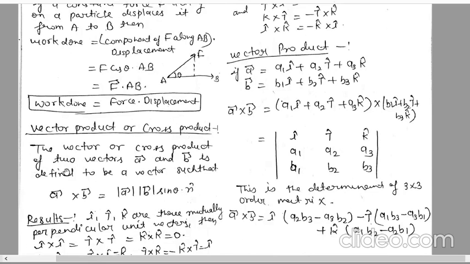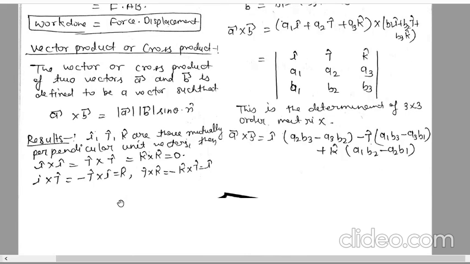Now vector product or cross product, the second point. The vector or cross product of two vectors a vector and b vector is defined as a vector such that a vector cross b vector is equal to modulus of a vector into modulus of b vector into sine theta into n cap, where n cap is the unit normal vector.